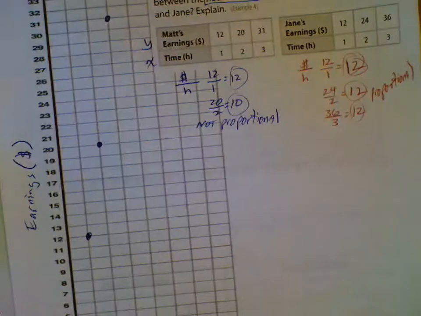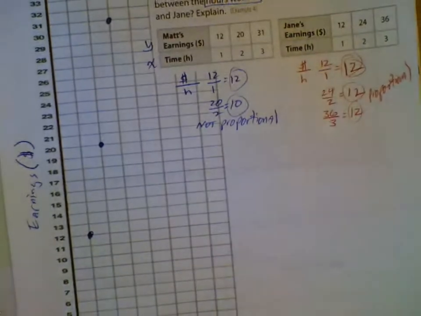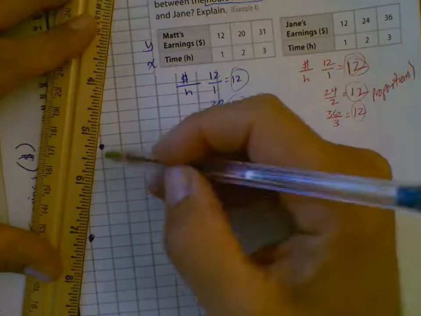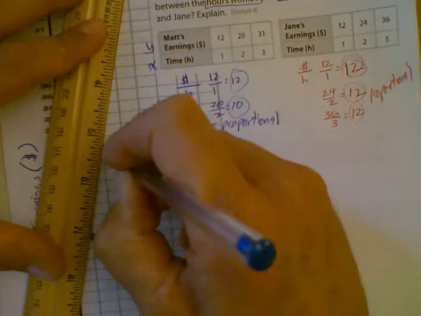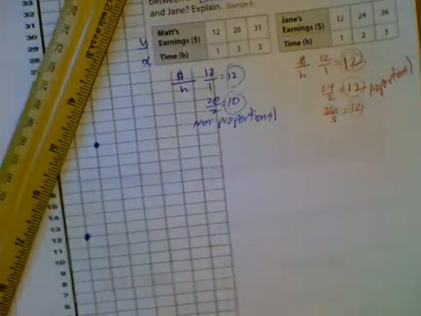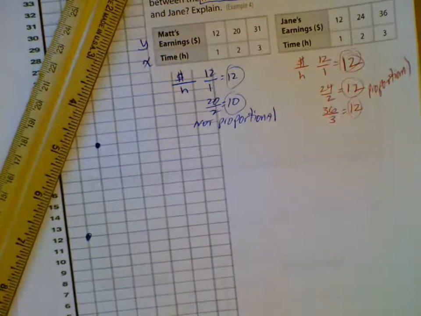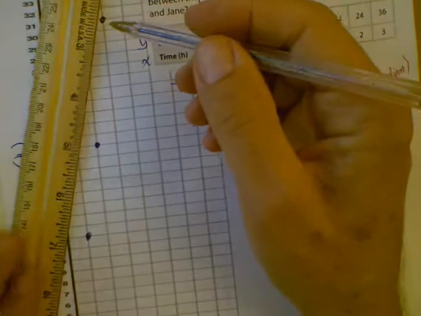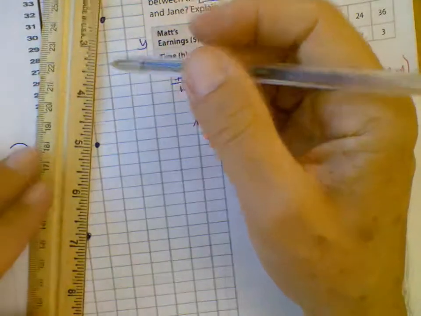Okay, so what I'm going to do next is try and draw myself a line that connects all these dots. So if I do these two dots, I'm going to draw the line, and make sure I go all the way back through the y-axis. It looks like I'm going to struggle connecting all the dots exactly.